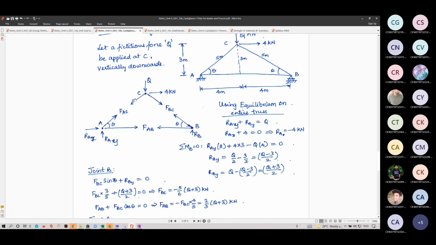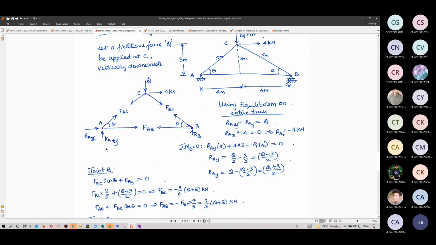If you consider this as a rigid body, then the external forces must be in equilibrium. Forget about the internal member forces. Consider this ABC as a solid body, then RAX, RAY, RB, 4 kilonewton and Q should be in equilibrium.